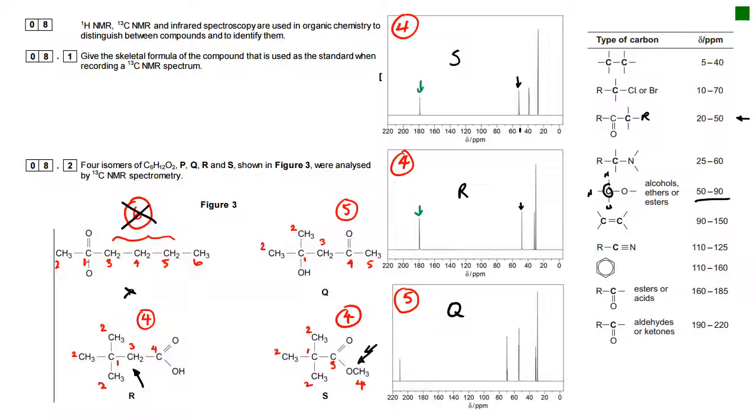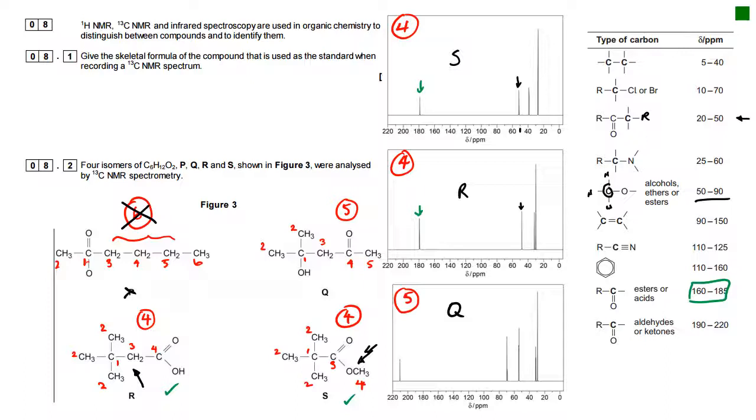They look pretty much the same, virtually 180, which is the carbon attached to a double bond in an ester or an acid. And in this case we've got our acid, and in this case we've got our ester. So there are peaks there that we can explain, and if we'd started off with that, we wouldn't be able to differentiate them, but as I said, we're just learning here.